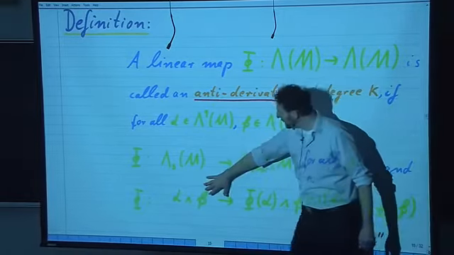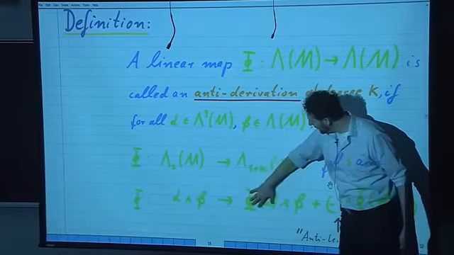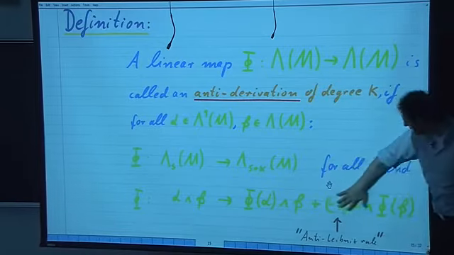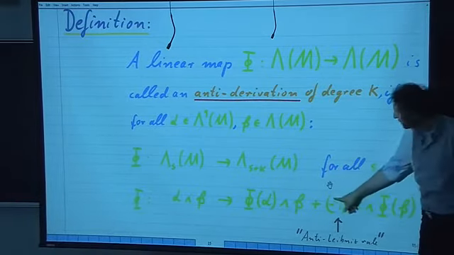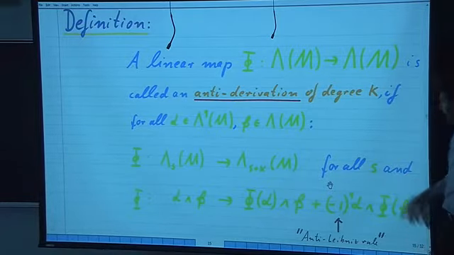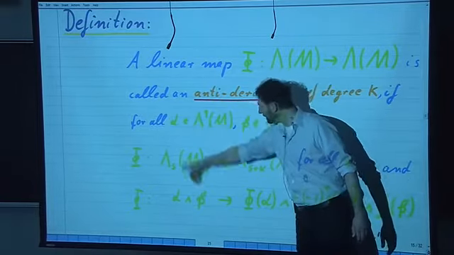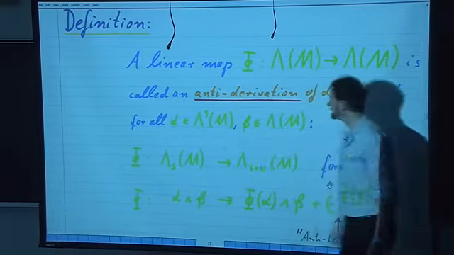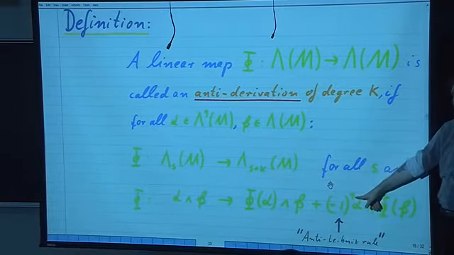The Leibniz rule is now taking the product of the differential forms, mapping it into phi of alpha wedge beta plus, and then alpha wedge phi of beta. That would be the usual Leibniz rule, but there is possibly a minus sign. It depends on q, which is the degree of alpha, the first factor here. If that's a q form, then we get minus 1 to the power q here.